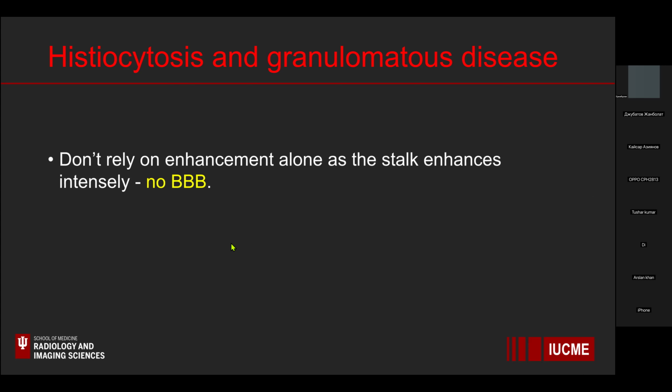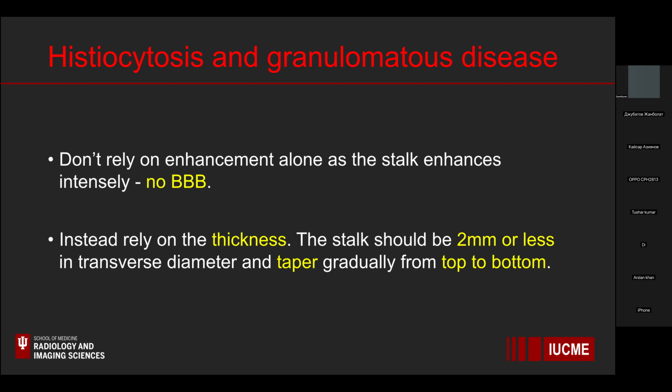So it's important to remember that we cannot rely on the enhancement alone, right? The stalk is going to enhance intensely normally because it has no blood-brain barrier. Instead, it's important to note the thickness of the enhancement.